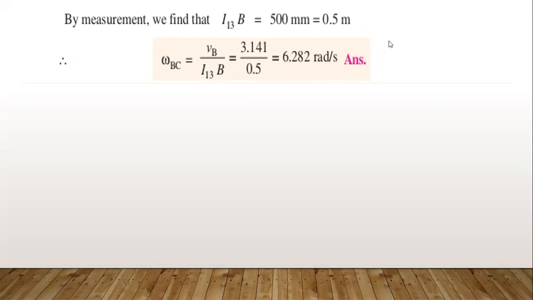So this is the obtained value for the angular velocity of BC in radians per second. So by this, I am ending this class.